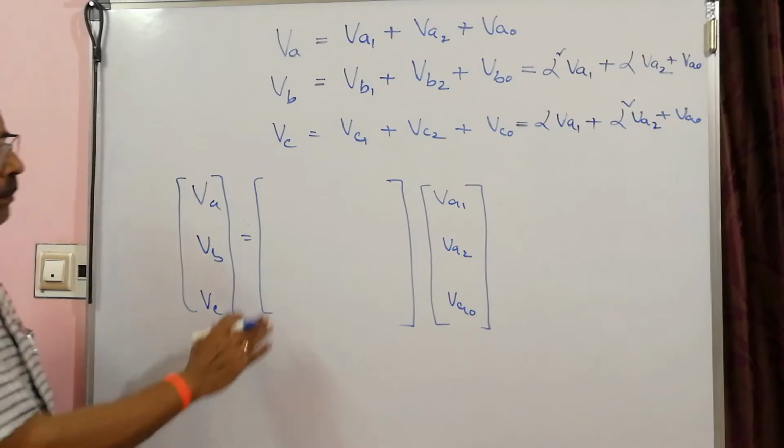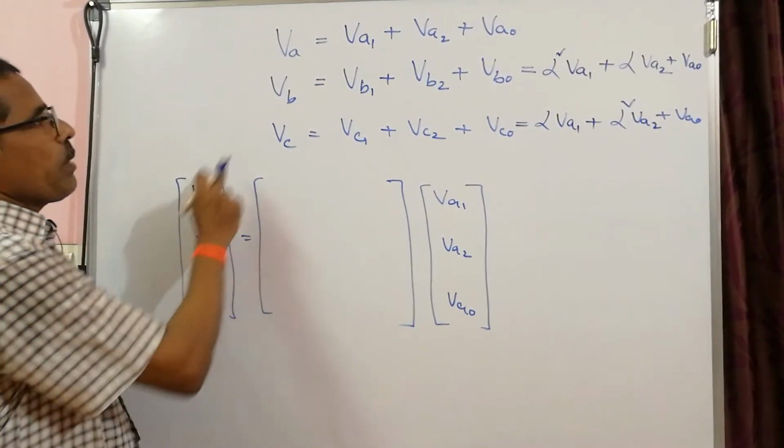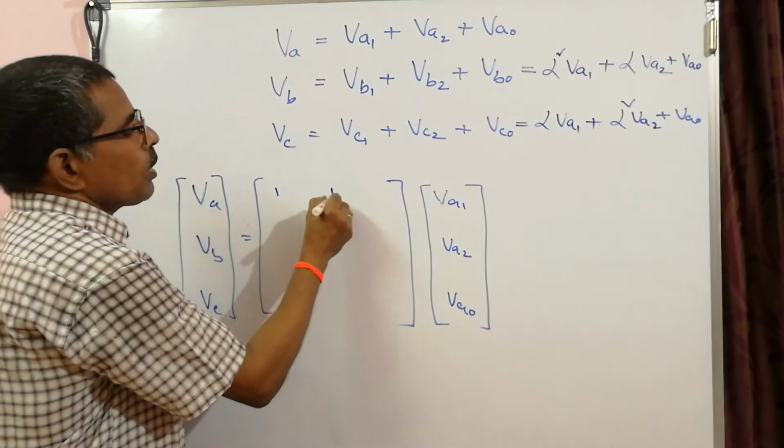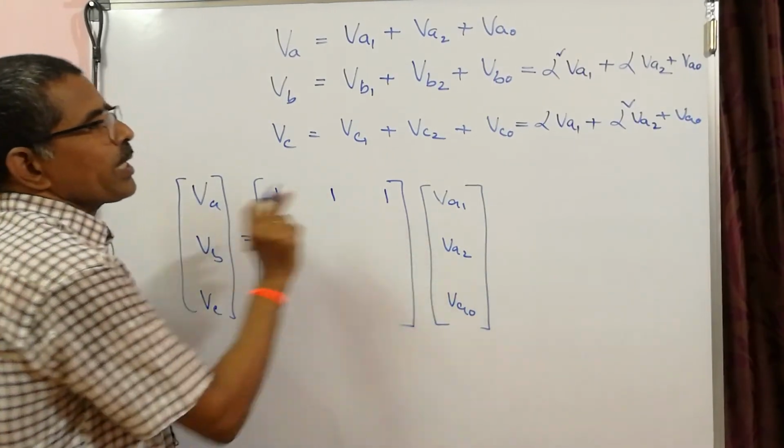So, what is the interrelated matrix? VA is VA1, VA2, VA0. So 1, 1, 1, is it not? VA is VA1 plus VA2 plus VA0.